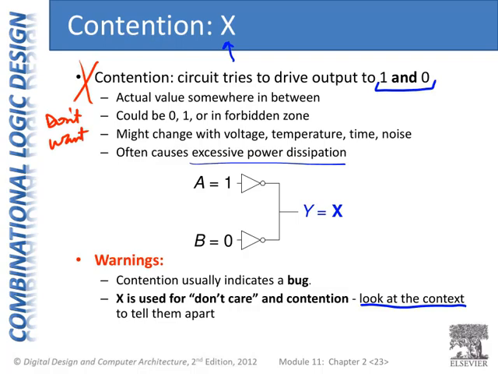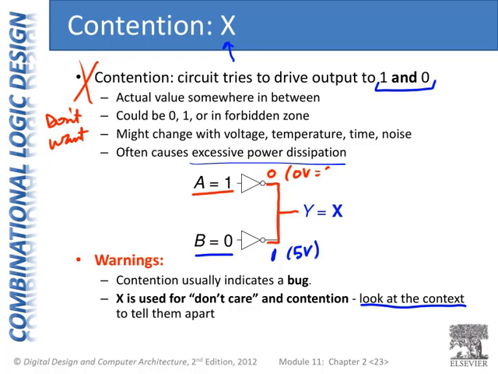But it happens. So here's an example of it happening. If we have two outputs tied together, which we already said was not a combinational circuit, but suppose we did, and the input of the top inverter is 1. Well, that top inverter is trying to drive that wire to 0 volts, or ground. And if the bottom inverter has the input of 0, it's trying to drive that wire to 1, or 5 volts.